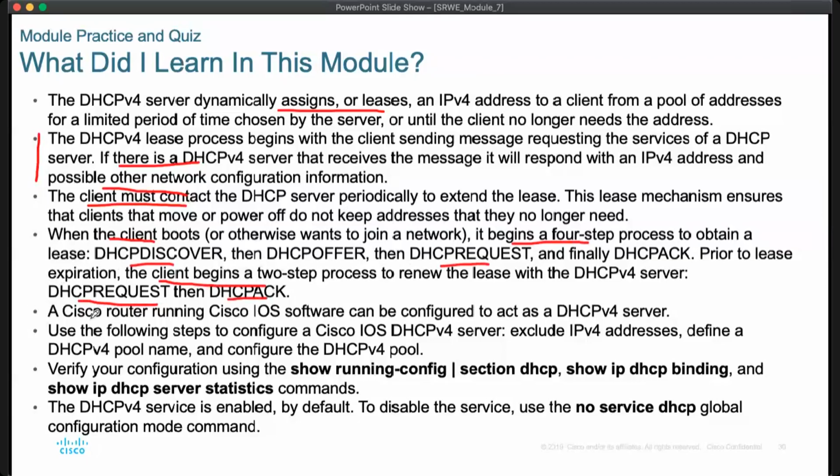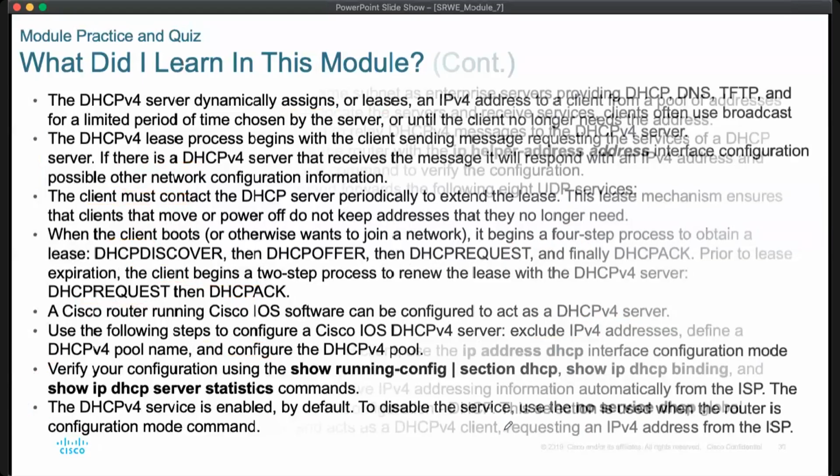Cisco IOS software can be configured to act as the DHCPv4 server. Use the following steps to configure a Cisco IOS DHCP server: exclude IP addresses, define a DHCP pool, and configure the DHCPv4 pool. These are the verification commands that you're going to use. The DHCP server is enabled by default; to disable it, use the command to disable the DHCP service.